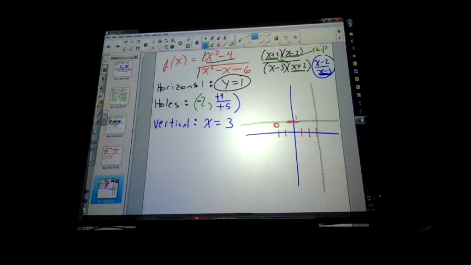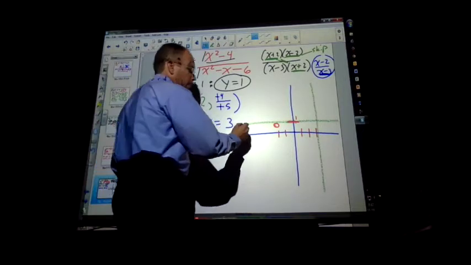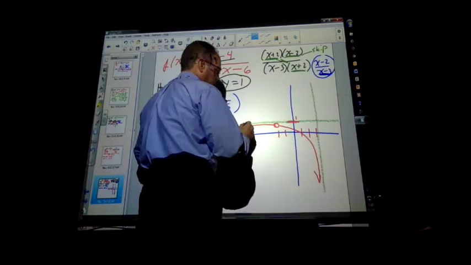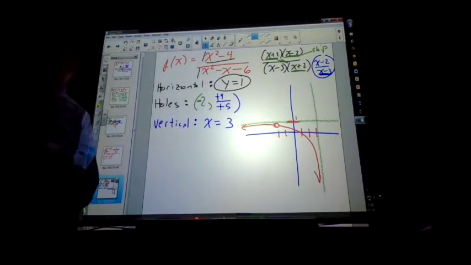Any idea what this graph is going to look like? I think this is part of it. So do you think it's the vertical angle to it, or do you think it's the mirror image over the x-axis?